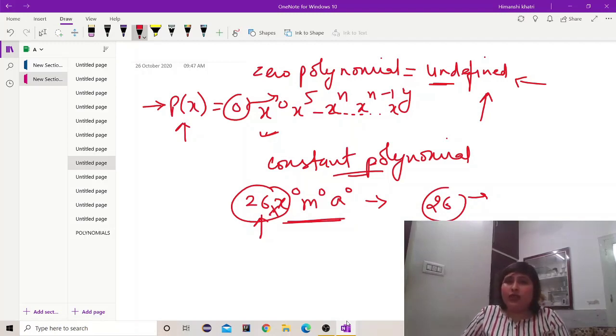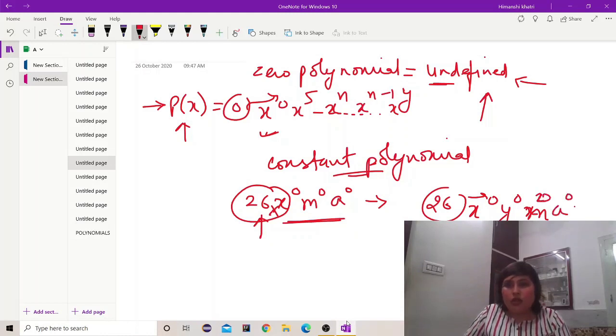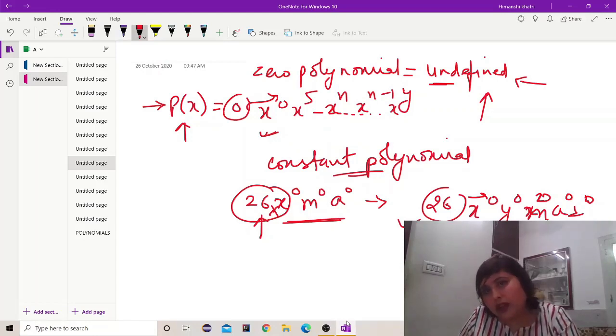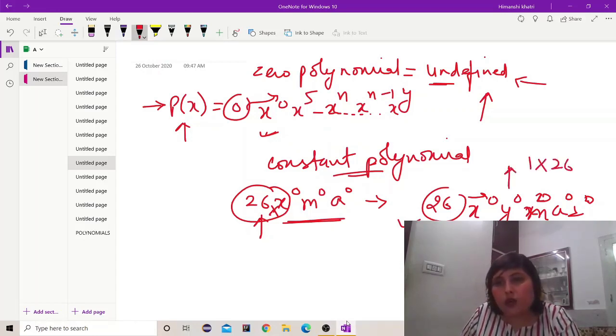Now we have to see the degree of the polynomial. For degree we have to identify the maximum number of variables in that polynomial. I can write any number of variables raised to the power 0: m to the power 0, a to the power 0, z to the power 0. This gives 1, and 1 into 26 gives 26.